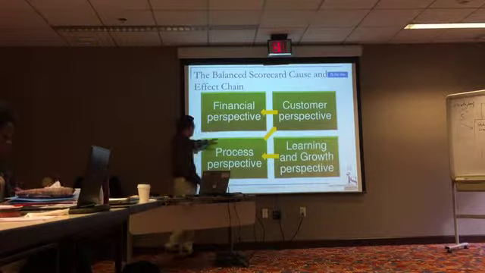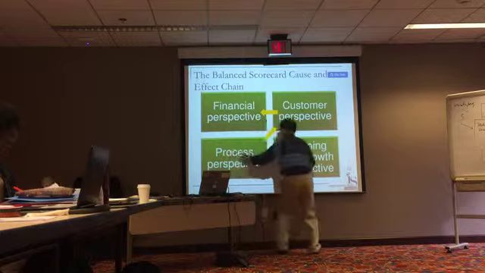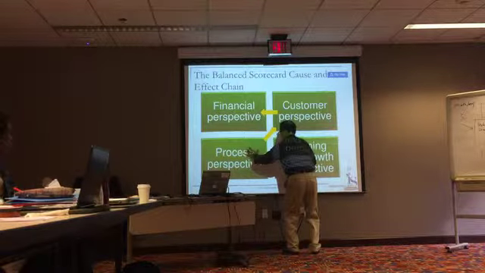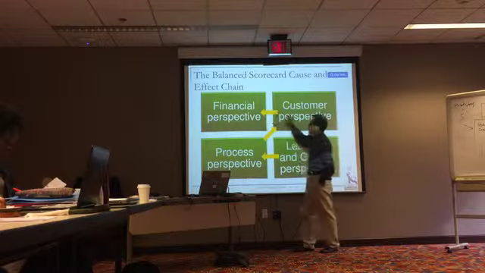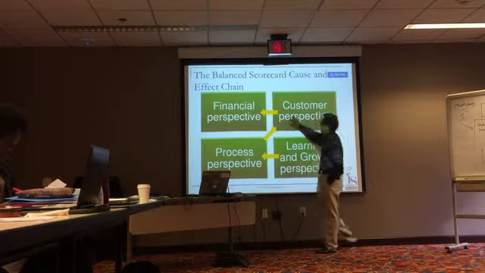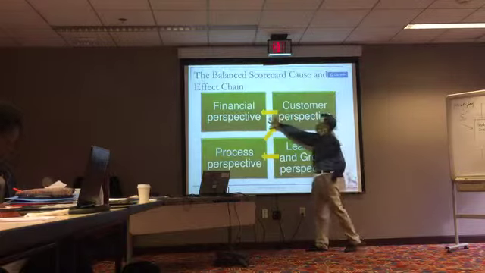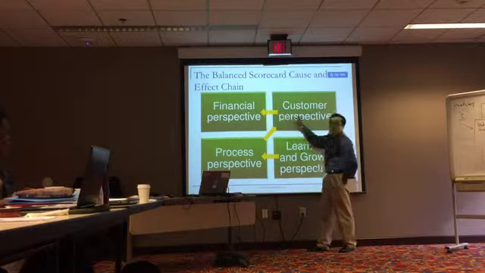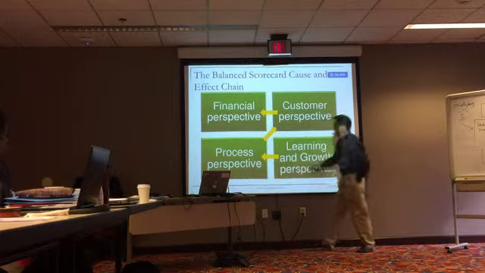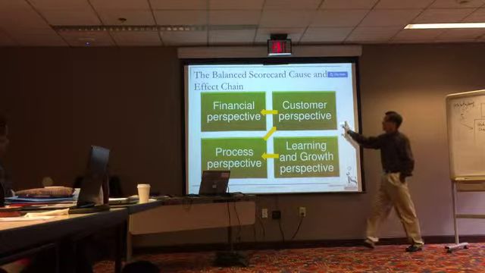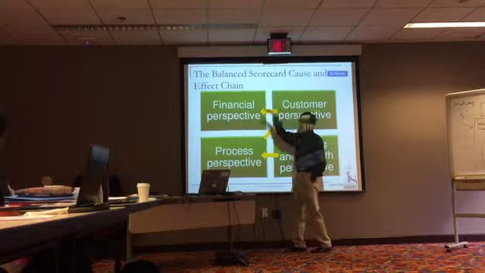This one typically contains more leading indicators, and this is more of a lagging indicator. But you can include some leading indicators here. These are mainly leading, and these are mainly lagging indicators.